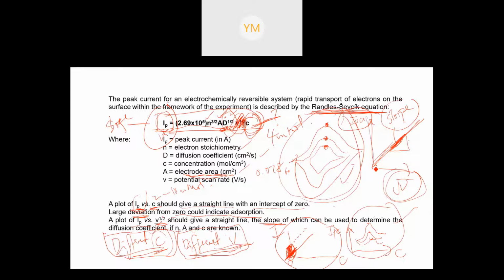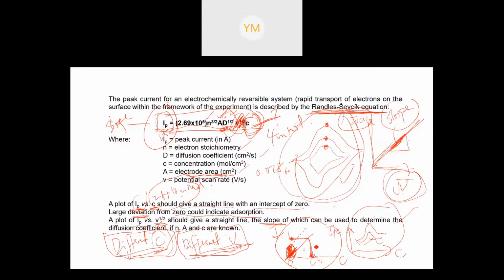You will plot I versus C for the first one, so you will find the unknown concentration. There is one sample that is unknown. You do not know the concentration, but the rest you know: 2, 4, 6, 8, 10 millimole. So you will determine the concentration of C once you know the current peak from the plot.